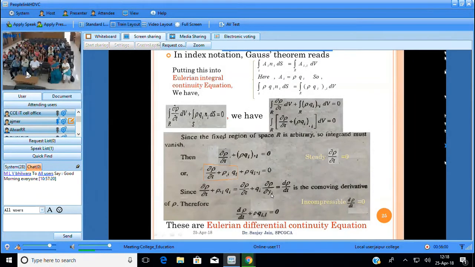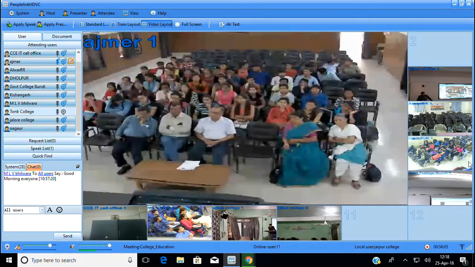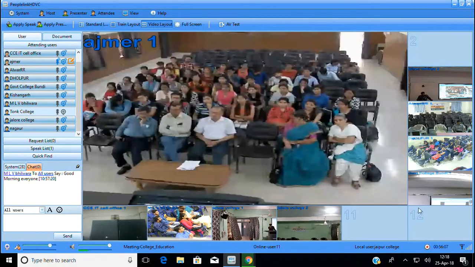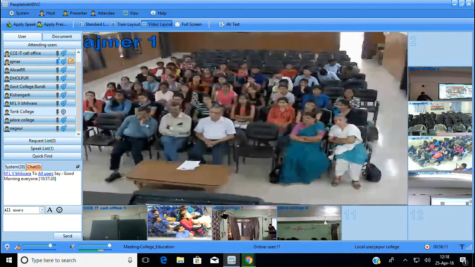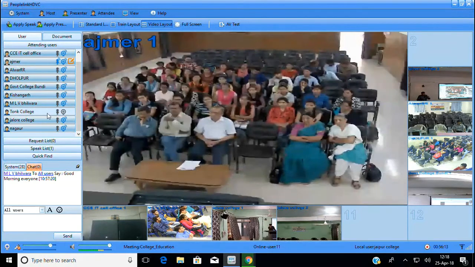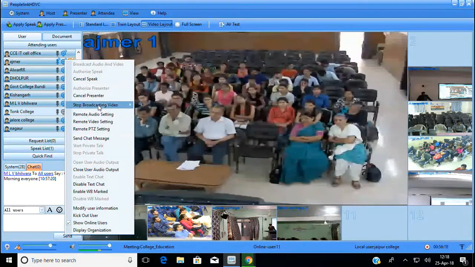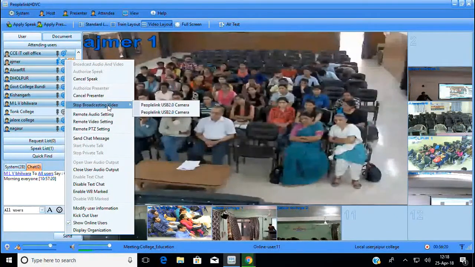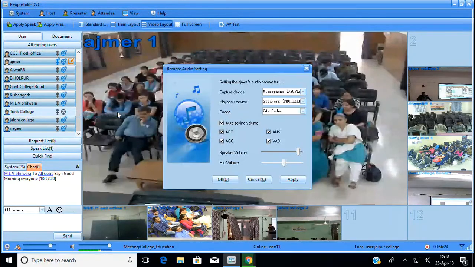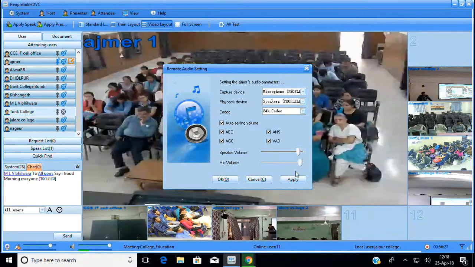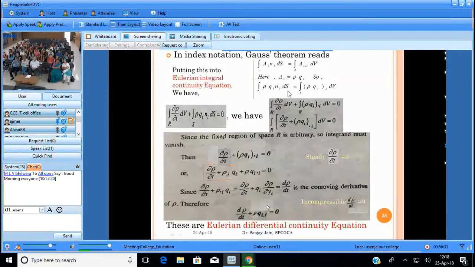What is this? This is the co-moving derivative. So by using the co-moving property, it becomes d rho by dt. So in place of these two, we may write d rho by dt plus rho q_i comma i equal to 0. So these are three forms, this one, this one, this one. These three forms are known as the differential continuity equation from the Eulerian viewpoint.